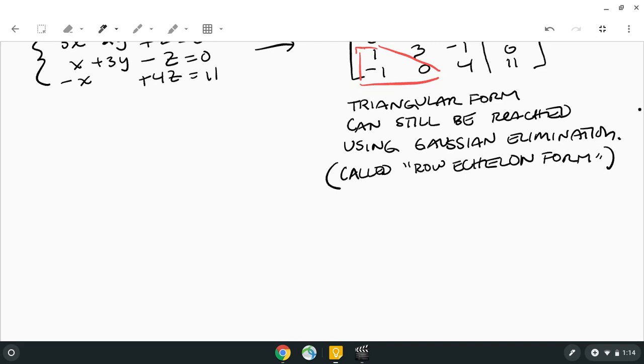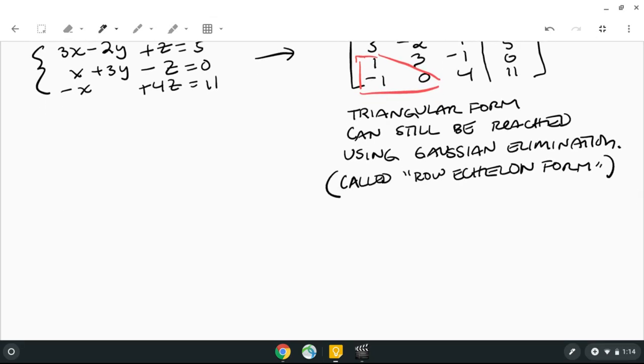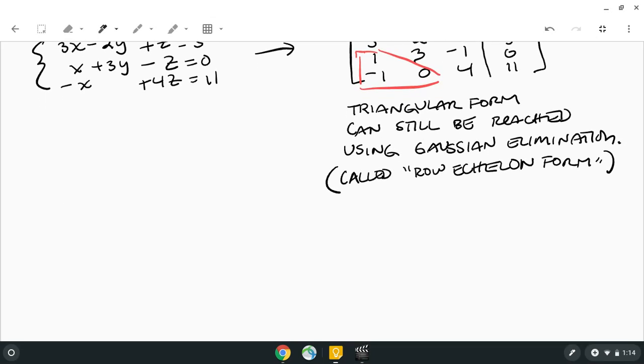But what's really cool, and the reason we use matrices here to solve systems, is that we can enter a matrix into a graphing calculator or some sort of computer, and it will do the row operations to get it in row echelon form. So it'll do all the Gaussian elimination and solve the system. That's why this is a nice method.